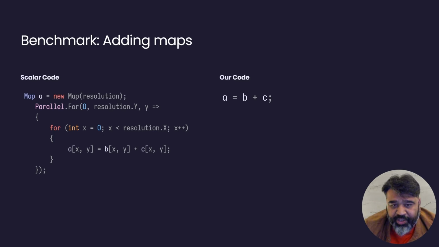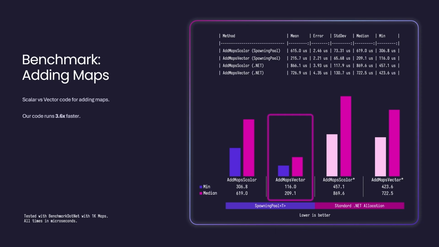Whereas with our arithmetic operators, we could just write A equals B plus C. When we run this, addition using our vectorized code with SpawningPool is almost 4 times faster than scalar code that relies on .NET standard memory allocation. This is where we get a lot of speed boosts across the board, because simple operations such as adding maps happen quite frequently within our larger algorithms.